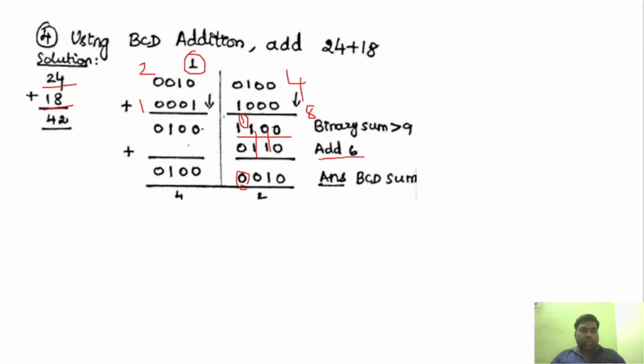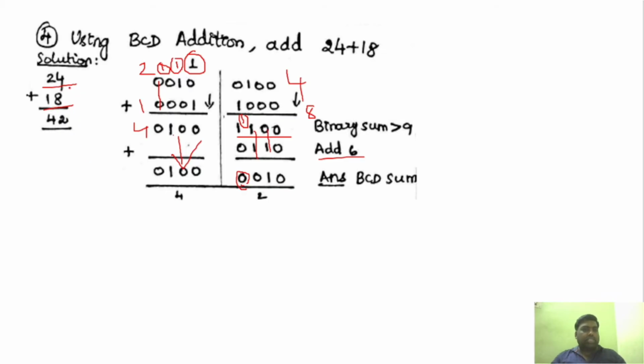If you add this one, what do you get? 1001. So it's 1, and 0 plus 0 is 0, so this number is 4, correct? This digit is lesser than 10, so we have to use the same number.